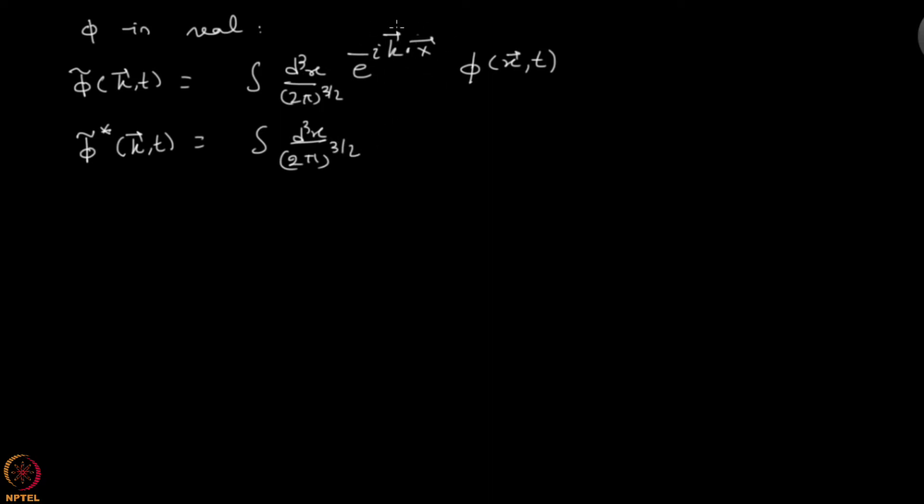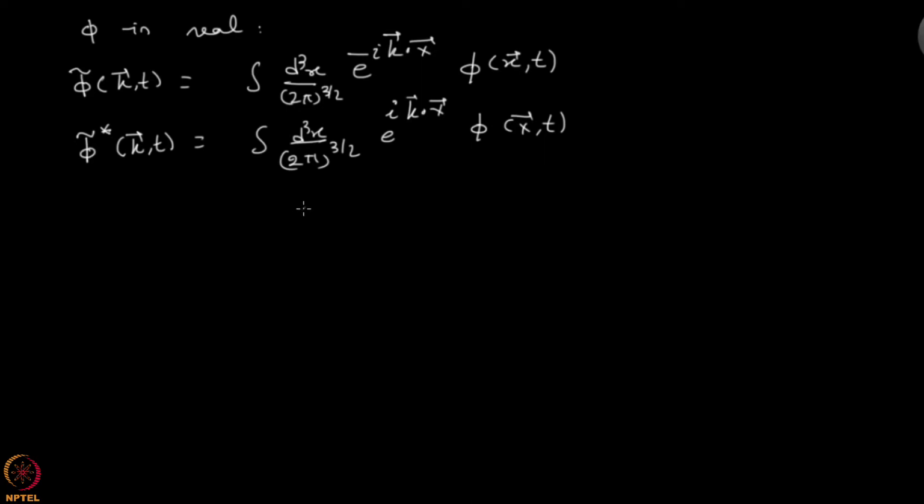This, when you take complex conjugation, will give you a plus i k dot x, and because phi is real, nothing happens to it, it remains phi. So you have e to the i k dot x phi.